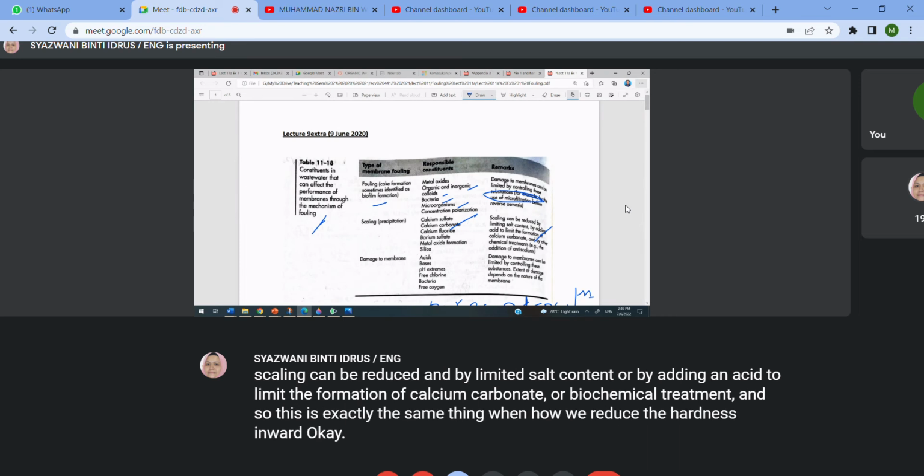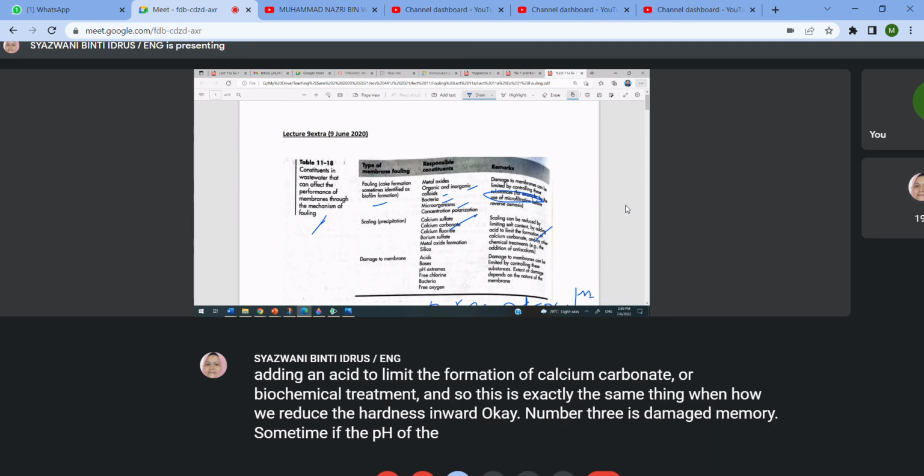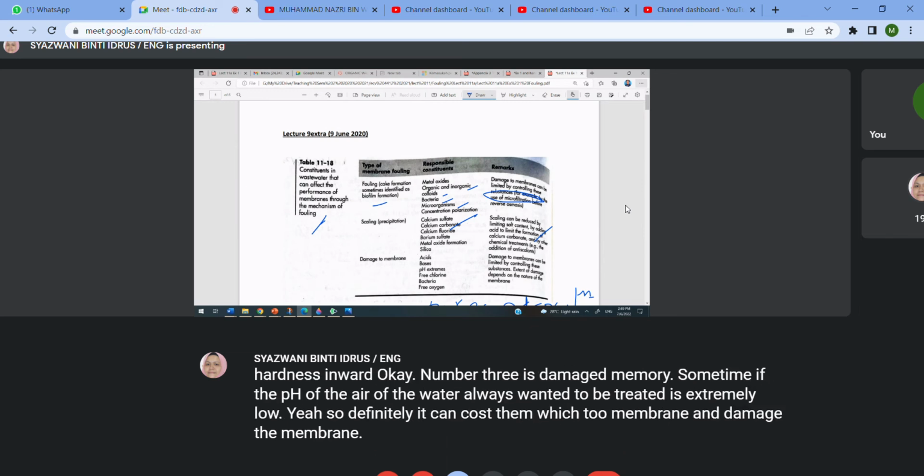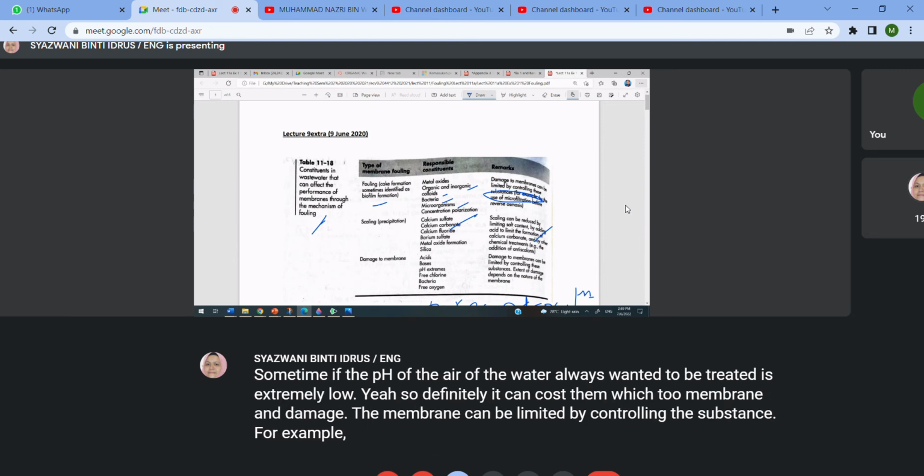Okay. Number three is damage to the membrane. If the pH of the water or wastewater to be treated is extremely low, it can cause damage to the membrane. Damage to the membrane can be limited by controlling the substance, for example, by using a natural pH sample, but this is very difficult.